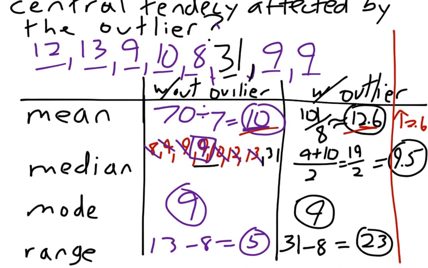Except for the mode. So 9.5 minus 9, it went up 0.5 for the median. And then the mode, we would say no change. And then the range went up a lot, didn't it? 23 minus 5 gives us 18. So we would just say up 18.